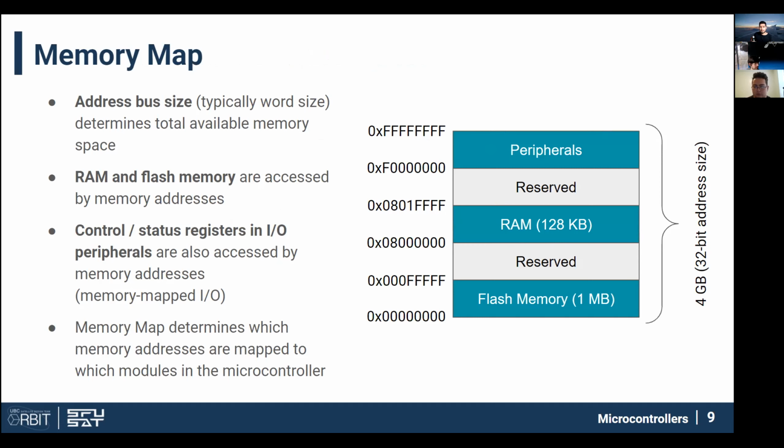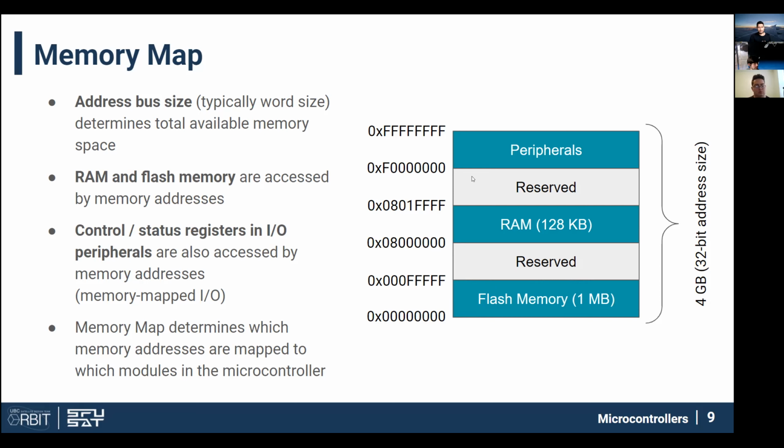The RAM and flash memory are accessed at certain address offsets. If you've got 1 megabyte of flash memory, that might occupy the very bottom addresses of your address space. Then there might be some reserved addresses in the middle, and then your RAM, and then maybe some more reserved addresses, and then your peripherals.